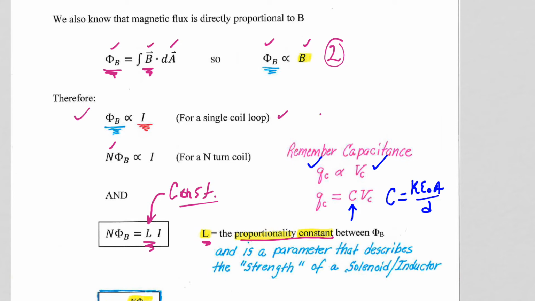Once the material, kappa, between the plates is determined, epsilon naught is constant. The area of the plates is fixed by the geometry of the plates, and the D is also fixed. The C is fixed. So Q can change, V can change, but C only changes if we literally change out the capacitor. L is going to be the same.